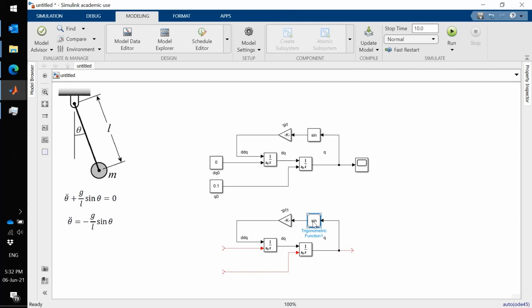Okay, and I will get rid of the nonlinear function. I will assume that sine theta is equal to theta. I will use the same initial conditions, q0 and dq0. Okay, let's take the output to the same scope and compare the results.